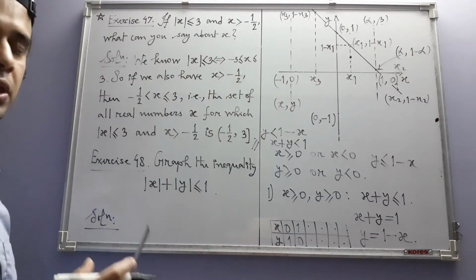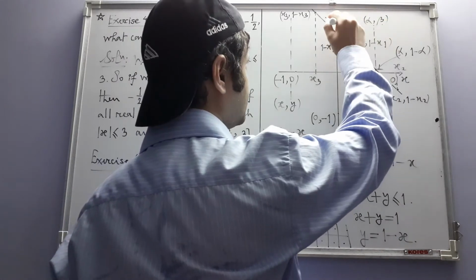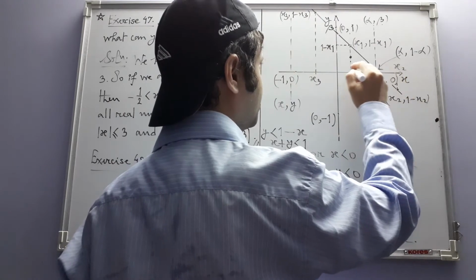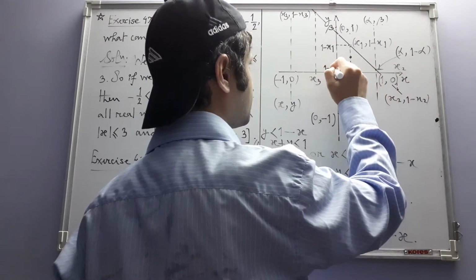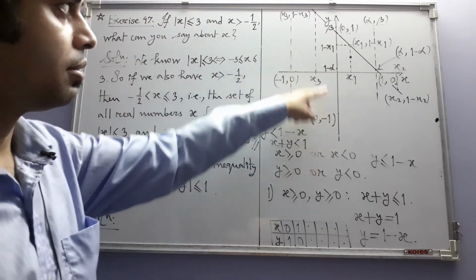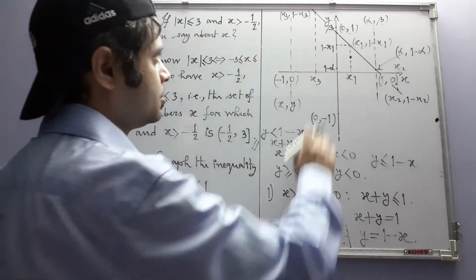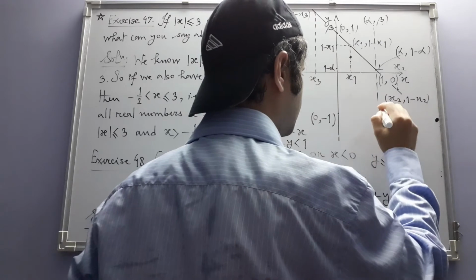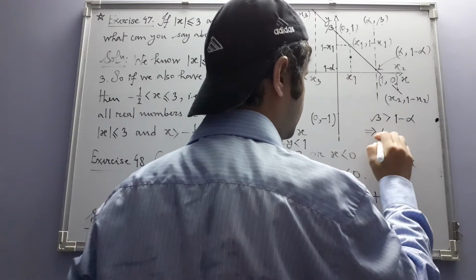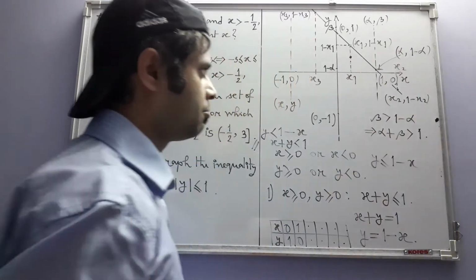You can see that beta is greater than 1 minus alpha, because beta is a real number lying on the y-axis here, and 1 minus alpha lies here on the y-axis. So on the y-axis, the way numbers are ordered, it increases as you go up. So beta is greater than 1 minus alpha. So that's why if you add the coordinates of this point, then it becomes greater than 1.